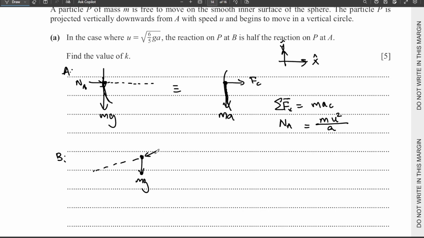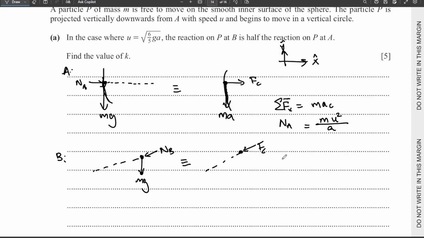The normal force will act towards the center also, so N_B here. And of course, you will have the resultant force acting towards the center again. This is the centripetal force. There's not much useful information in the vertical direction.